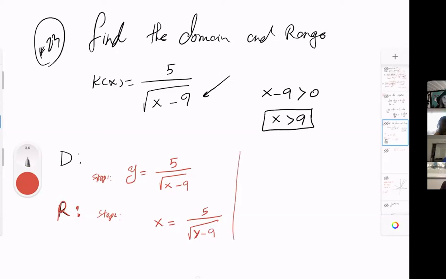So I square both sides, x squared equal to 25 over y minus 9. Then y minus 9 equal to 5 over x squared. Then y equal to 5 over x squared plus 9.